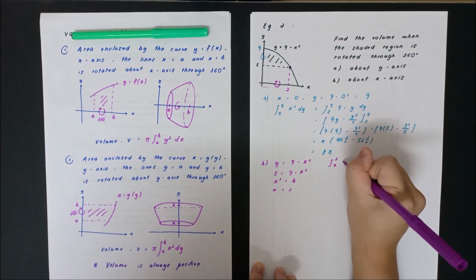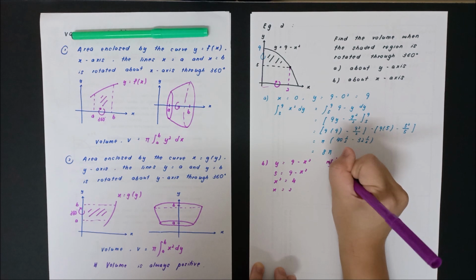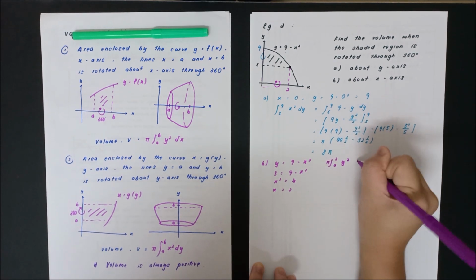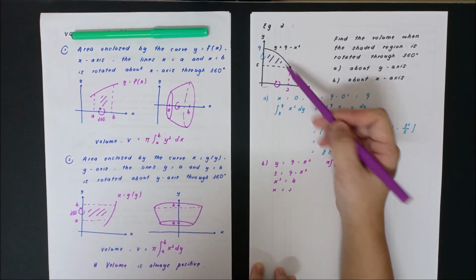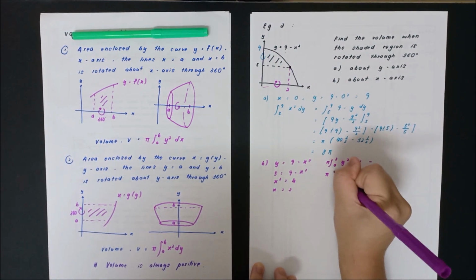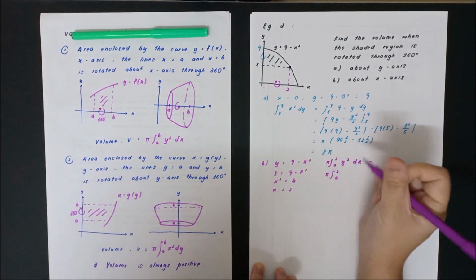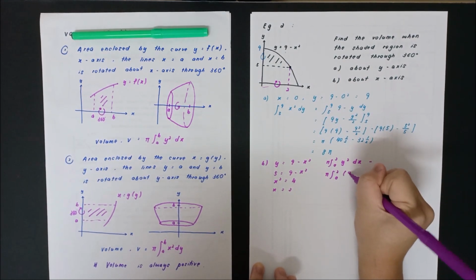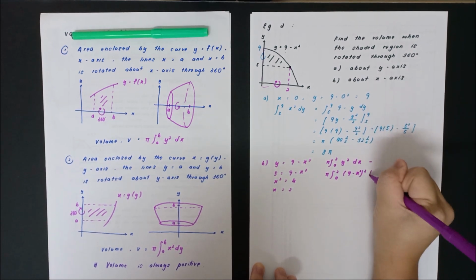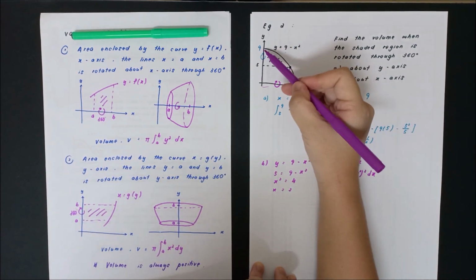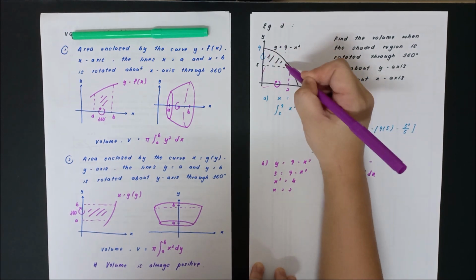So it's going to be pi y squared dx. Then minus off, this is the first one, so maybe we write down that first. 0 to 2, your y squared is (9 minus x squared) squared. So this is basically for the whole area here.